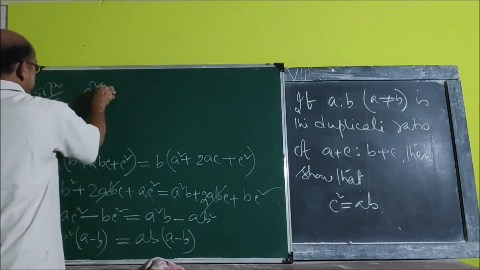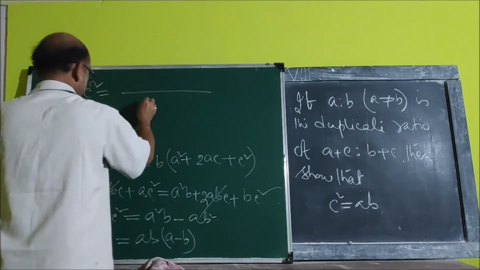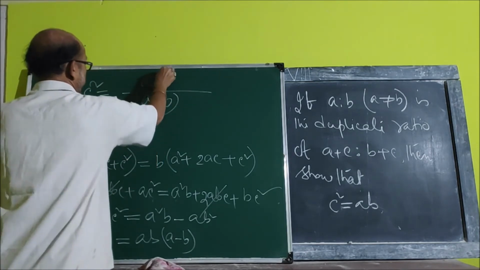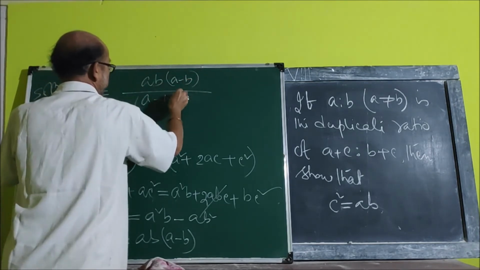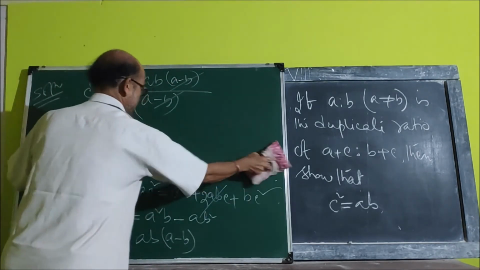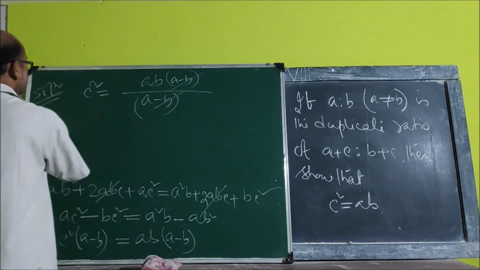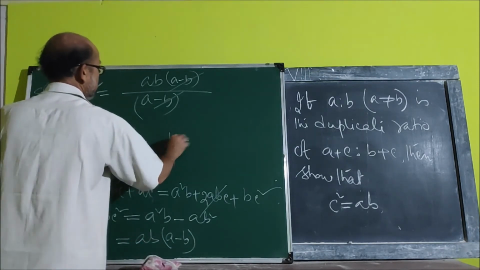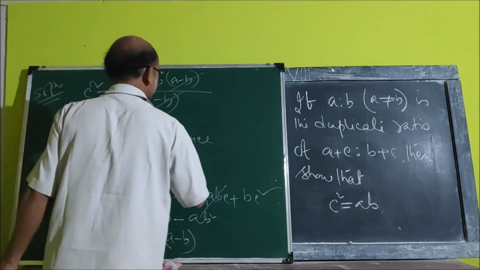Therefore C square equals AB, hence solved.